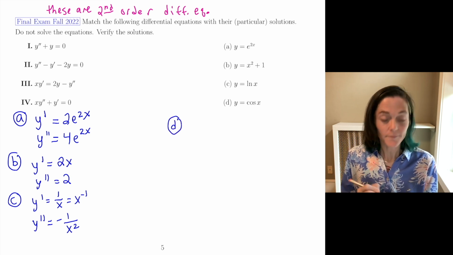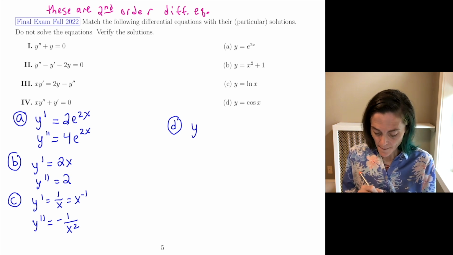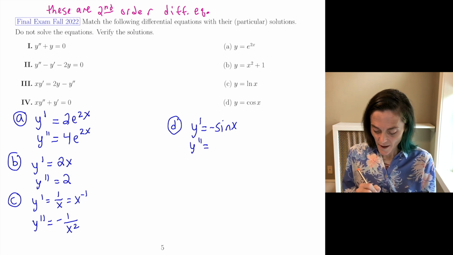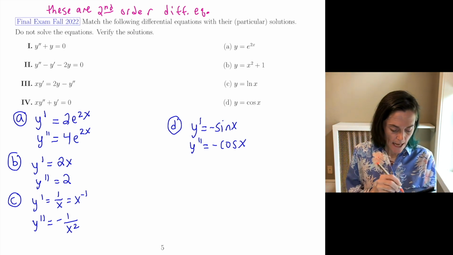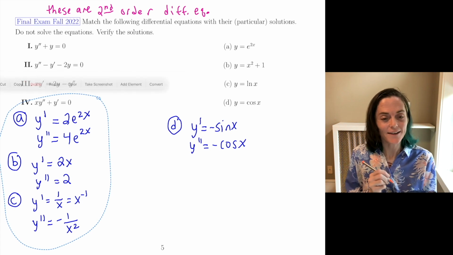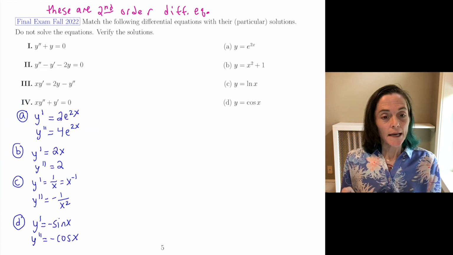Letter D, derivative of cosine is minus sine. And differentiate again, we have minus cosine. Okay, now we have all of the second derivatives calculated. Let me make this slightly smaller and we will match the differential equations.